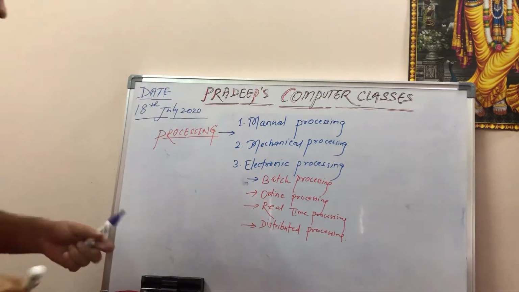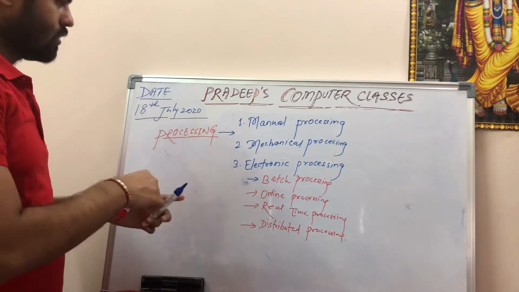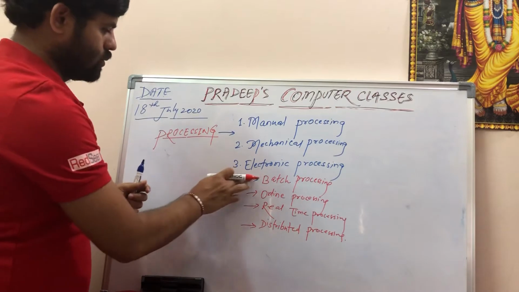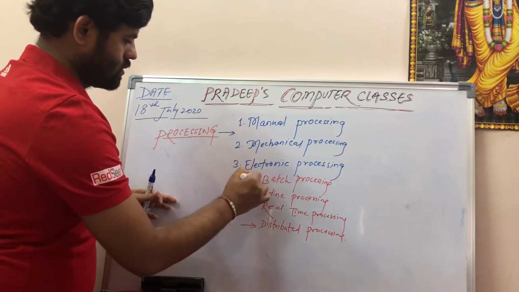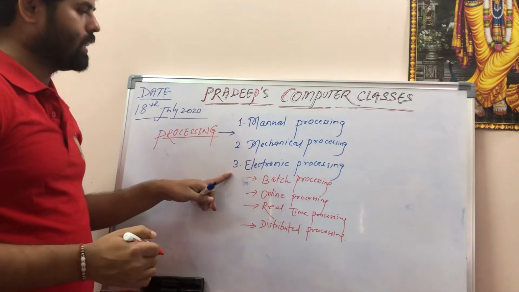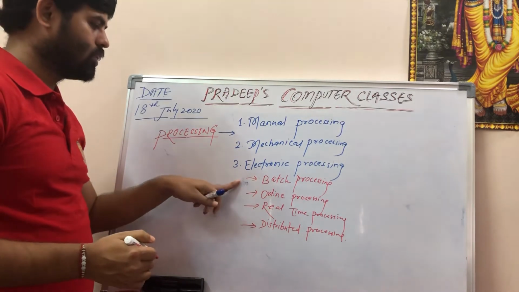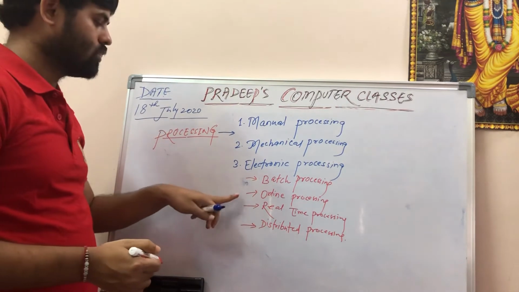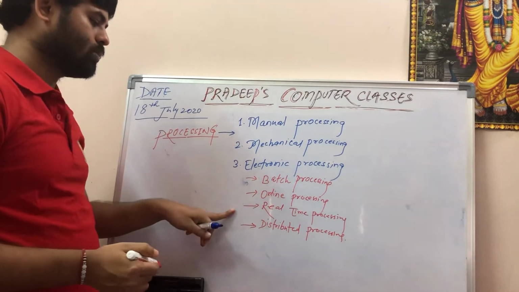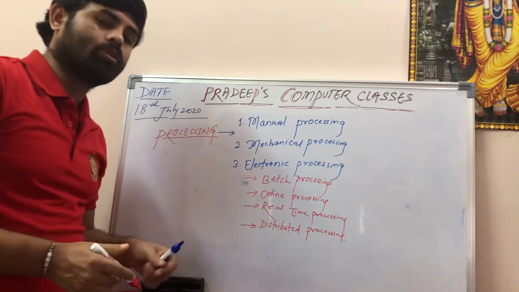Okay, so we'll see about all these points in detail. In the third point, electronic processing, we'll have to study what is batch processing, what is online processing, what is real-time processing, what is distributed processing.